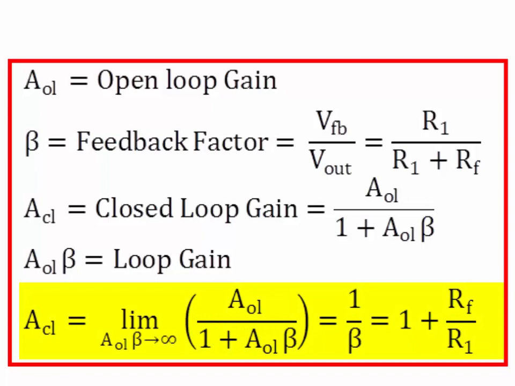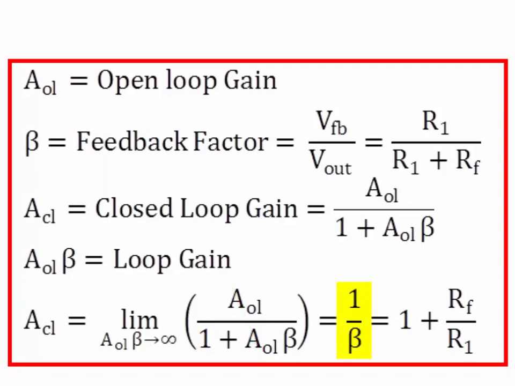The closed loop gain equation can be simplified for very large values of loop gain, or AOL times beta. Looking at the loop gain equation, you can see that as AOL times beta increases toward infinity, you can ignore the 1 in the denominator. This leaves AOL divided by AOL times beta. The AOL terms will cancel, leaving only 1 divided by beta.